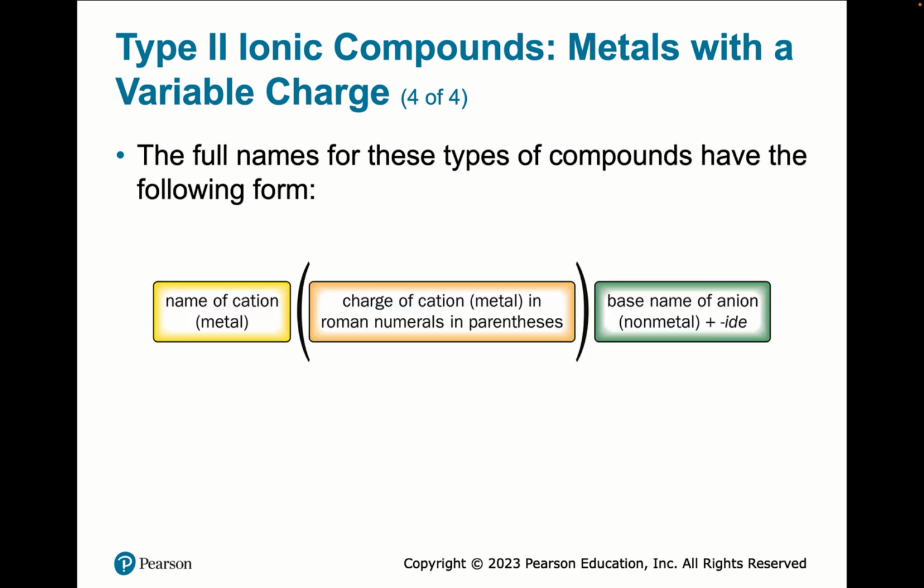So for variable charge ionic compounds, use the name of the metal, then the charge in Roman numerals. But when you say it, even though it has the Roman numerals, you say it using the number. So you don't say iron III chloride, you say iron 3 chloride, but you write it as 3 in Roman numerals.